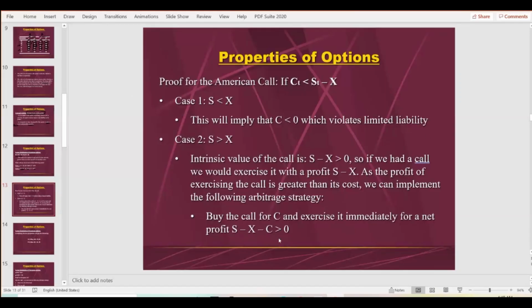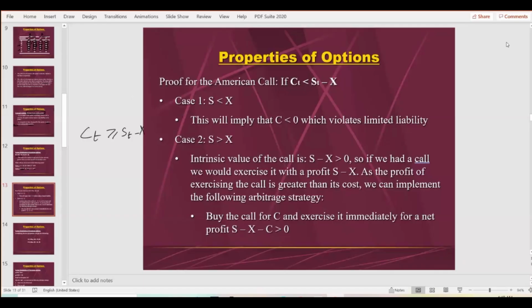Okay, so here we have the general case, how we can prove that the American call option in general should be greater than or equal to ST minus X. So this is the general case, and in the first project, you will be required to write similar proofs for different situations.